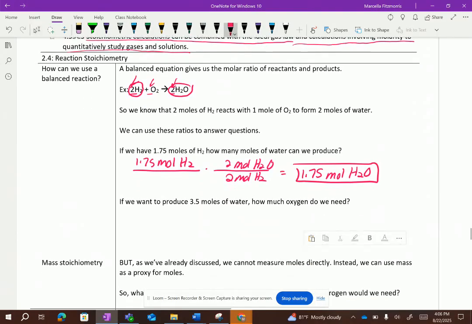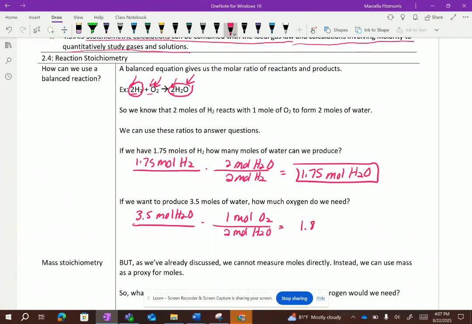Also, if we have 3.5 moles of water, and for every 2 moles of water, we have 1 mole of oxygen, then we can say 2 moles of water needs 1 mole of oxygen, and then we can find we need 1.8 moles of oxygen to do this reaction.